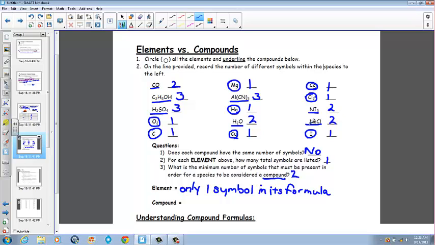Okay, and we call this a formula, a chemical formula. It's like the words in chemistry. Okay, and a compound will have 2 or more symbols in its formula. Okay, going on.